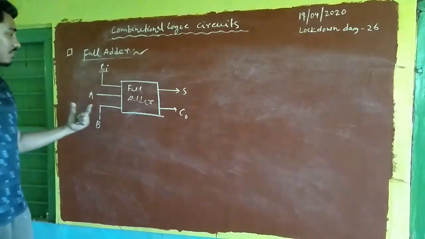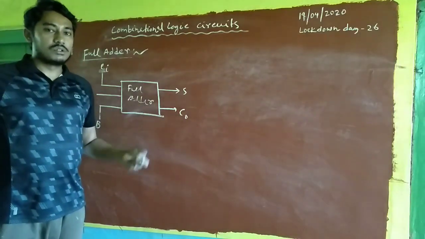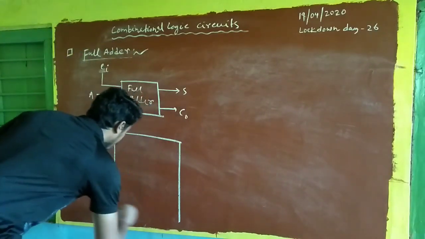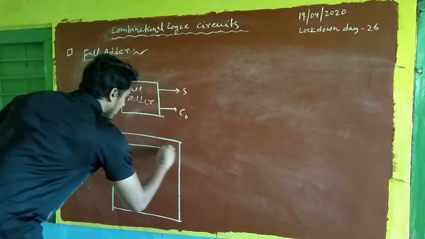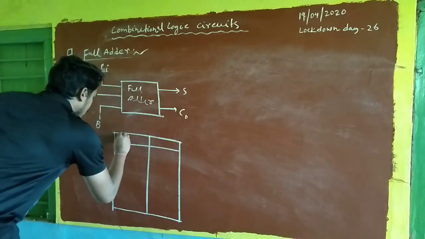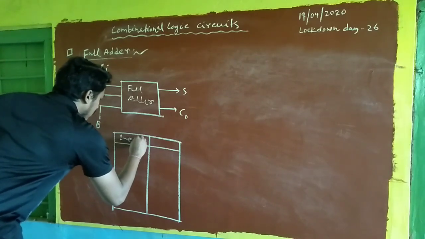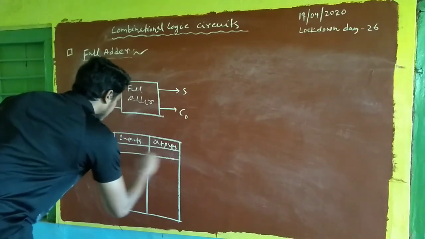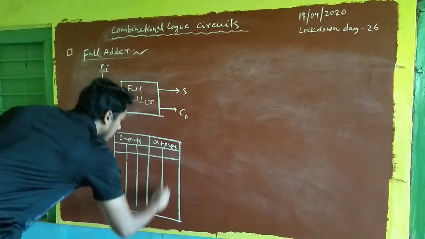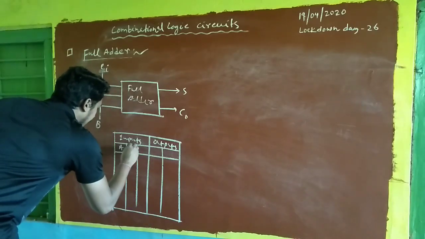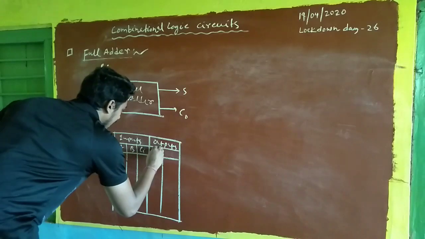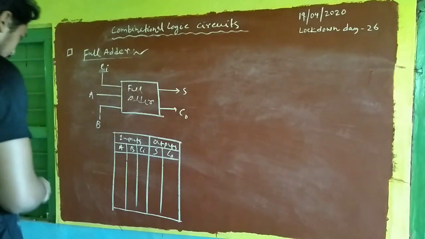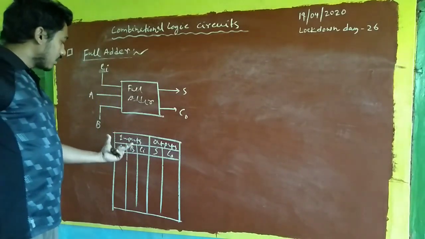Now after designing the block diagram, we need to draw the truth table for the full adder. Okay, so we are drawing the full adder truth table. There are 3 inputs and 2 outputs: A, B, Ci and summation S and Co. Now what are the possible combinations of inputs?